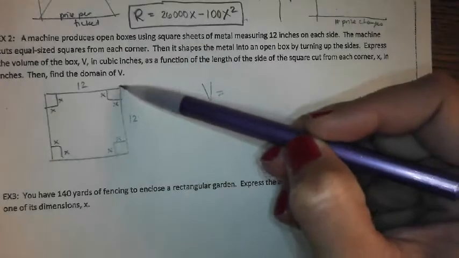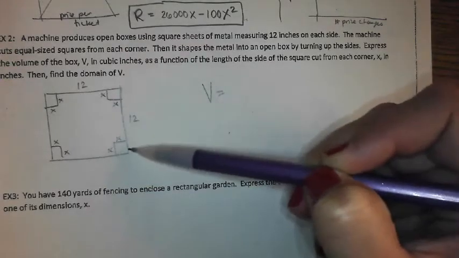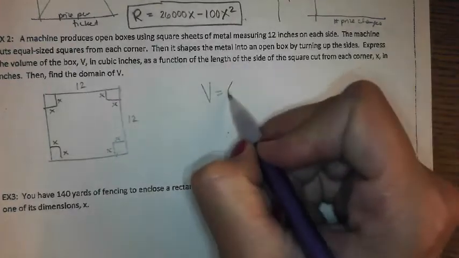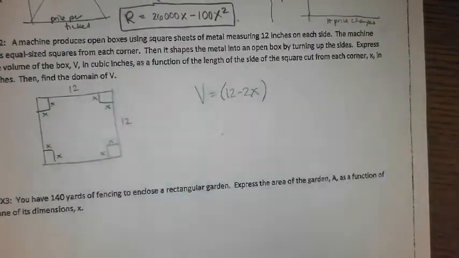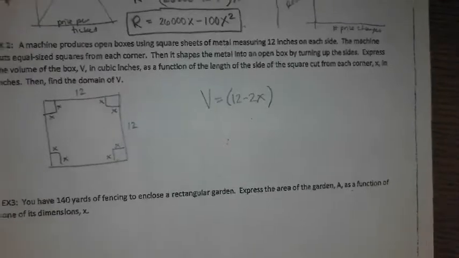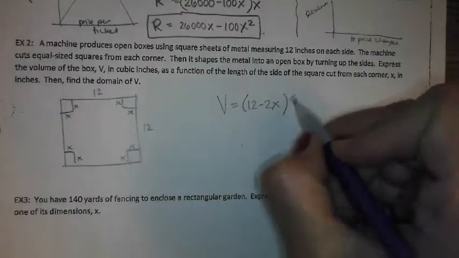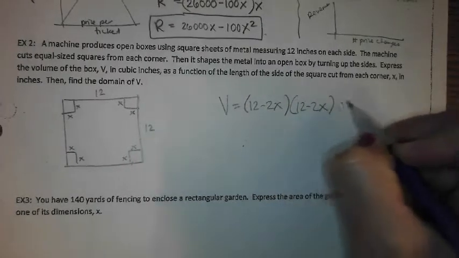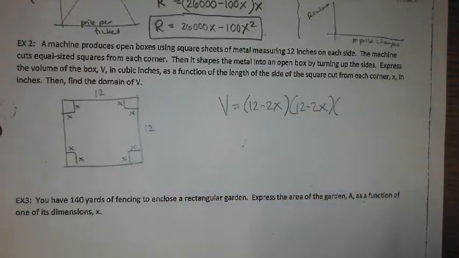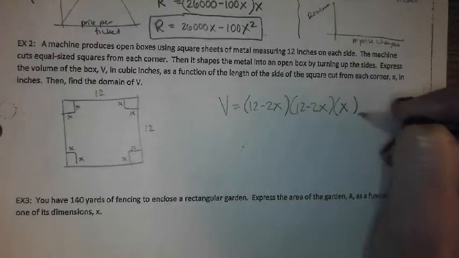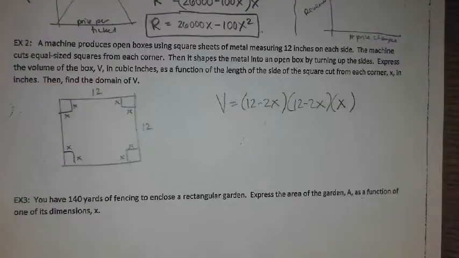So the length is 12 minus 2x. What's the width? The same, 12 minus 2x. And what's the height? Just x. So here's an equation that's going to be used for the volume.